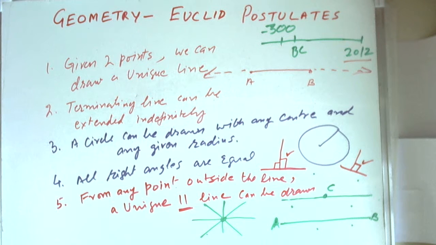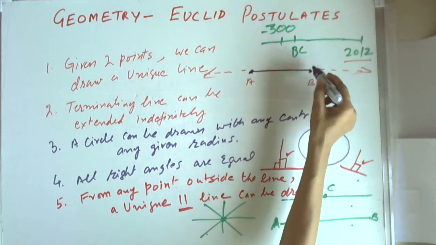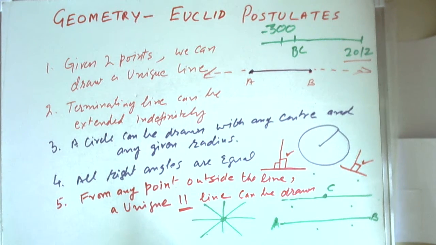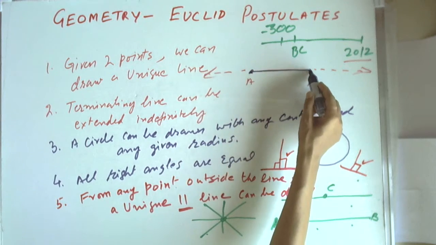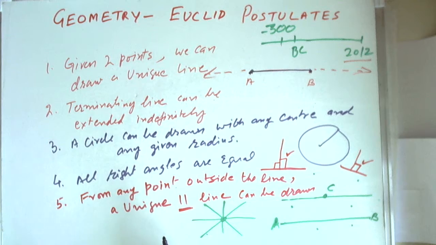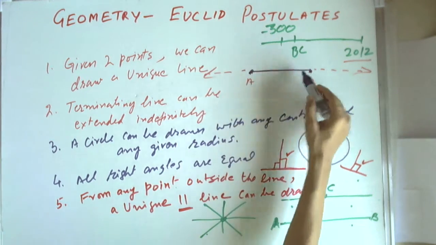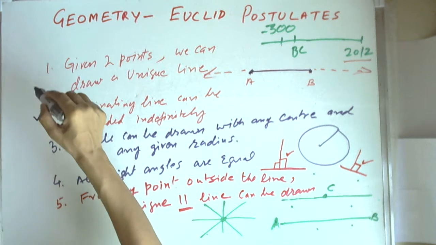So let me just summarize these 5 postulates. The first is, given 2 points, we can draw a unique line. So in this case, we saw that these are the 2 points A and B, and we can always draw a unique line joining these 2 points. Postulate number 2 is that a line terminating at these 2 points can always be extended indefinitely on both sides.